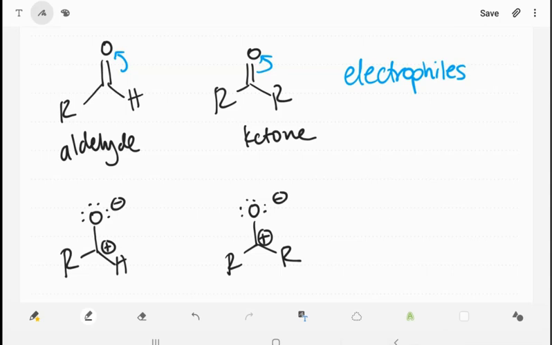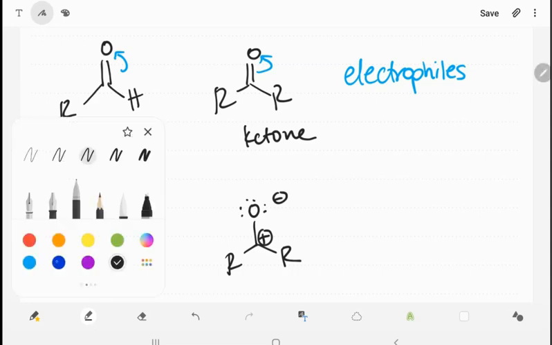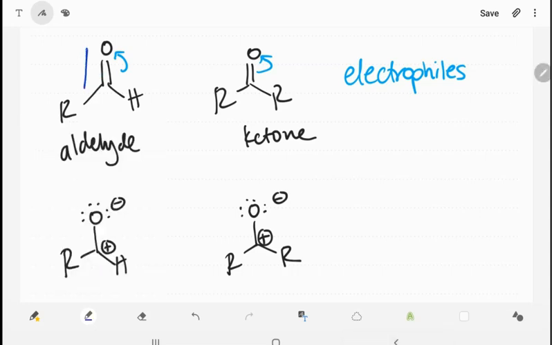So through resonance, they are good electrophiles, at least the carbons are. We also see there's some inductive effects with both of these as well. So both through resonance and induction, in either case, these are going to be good electrophiles.